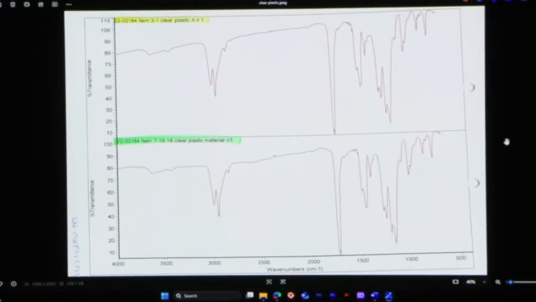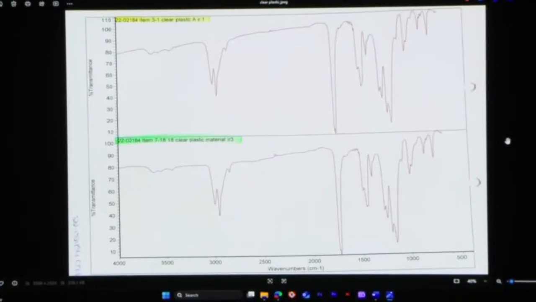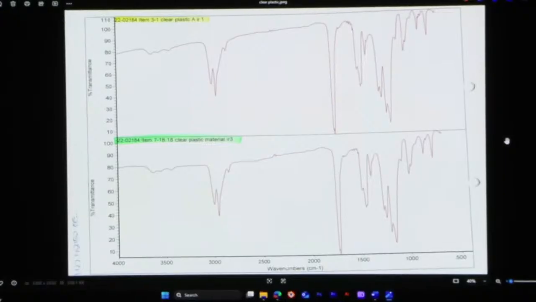This is the FTIR comparison data of the clear plastic from item 3-1 and the clear plastic from item 7-18.18. Using the laser pointer, if you could direct the jury's attention to which is which, top and bottom.